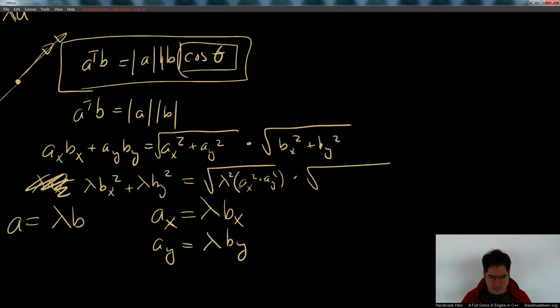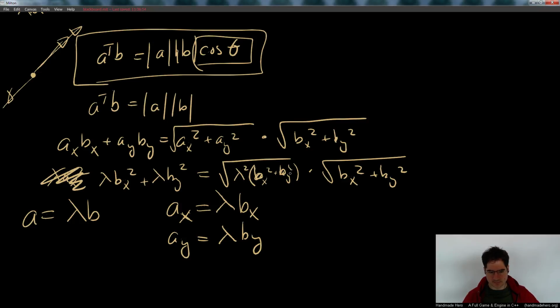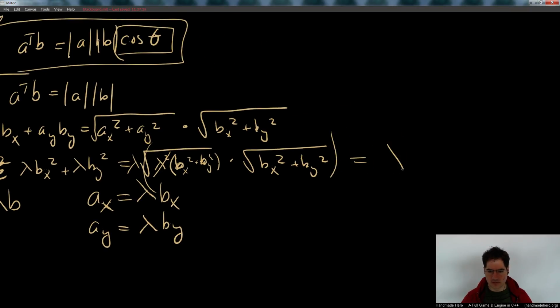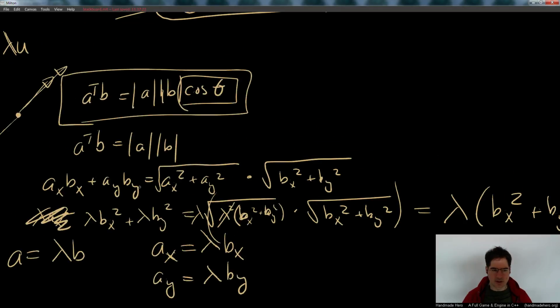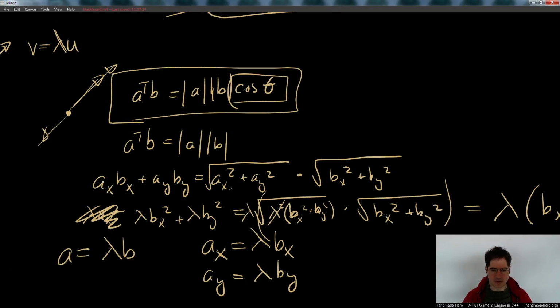I'm sorry, that's a B: BX squared plus BY squared. If you look at what happens here, we get that same situation. We pull out the lambda squared, we'd end up with the lambda here, and that would go away. Those two would multiply together, and we would end up with lambda times BX squared plus BY squared, which is exactly what we have on the other side. So this equation just becomes, on both sides, lambda times BX squared plus BY squared, which is what we would expect for parallel vectors.